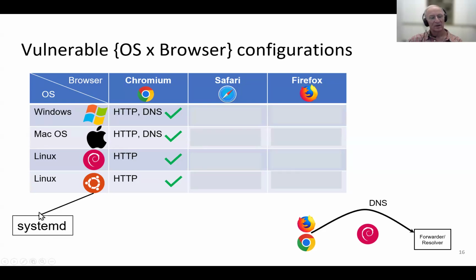So we use systemd. It's a third-party DNS element used by Ubuntu that we use to reload, and we can measure with the HTTP reload different parts of the operating system, of the browser, the systemd cache.